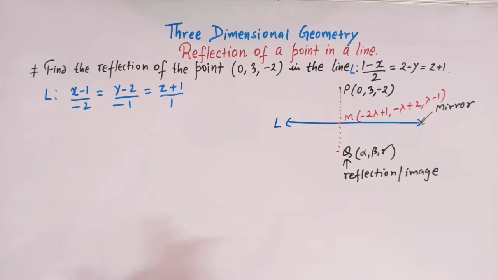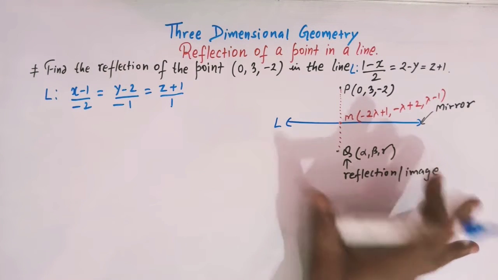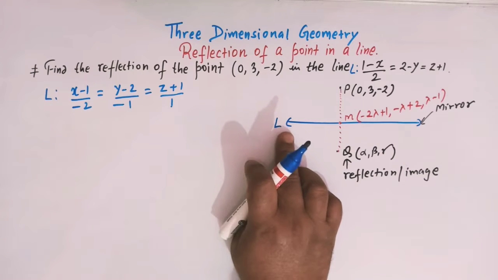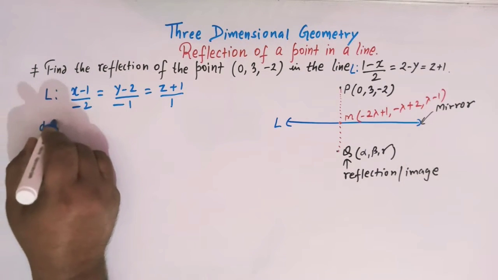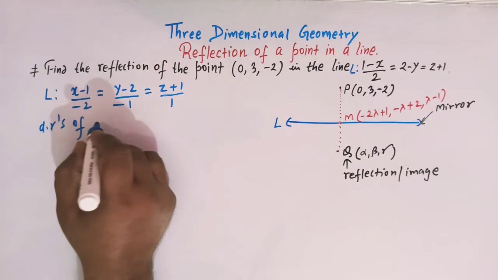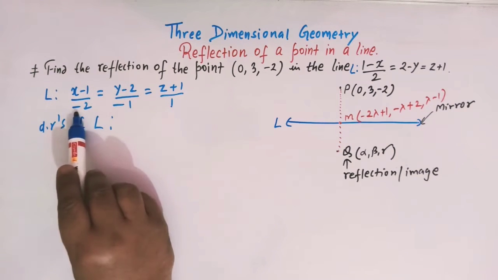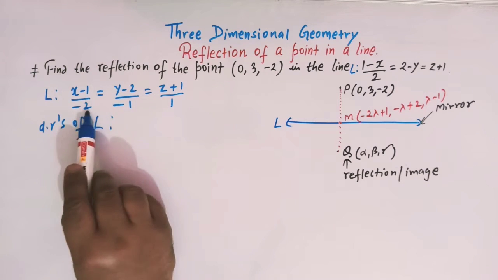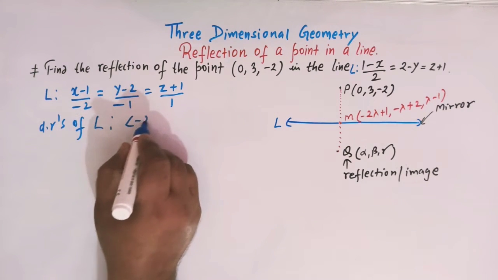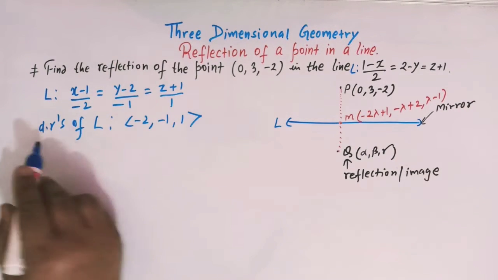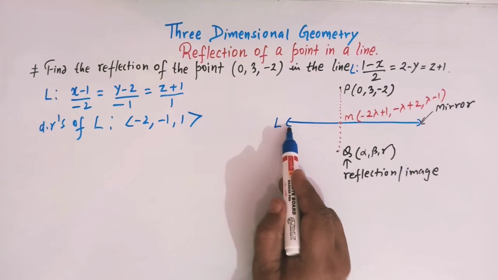So now viewers, our next step is to find out the DRs of this line L, right? So the DRs, the direction ratios of the line L are given by these three numbers in the denominators, right? So we have minus 2, minus 1 and 1 are the DRs of this line L, right?